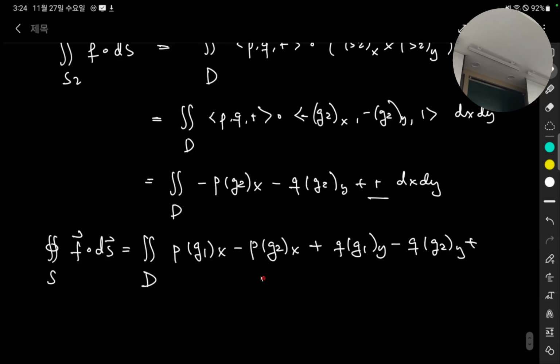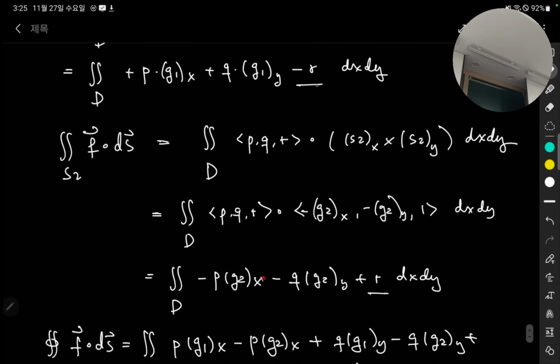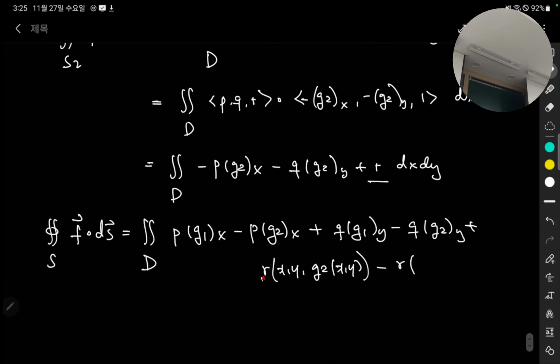So they're not the same thing. So here, the S2 part, R is considered as the value at x, y, G2 of x, y, and minus, on the upper part, when you have a minus R here, it follows the G1 function. So x, y and G1 of x, y, dx dy.